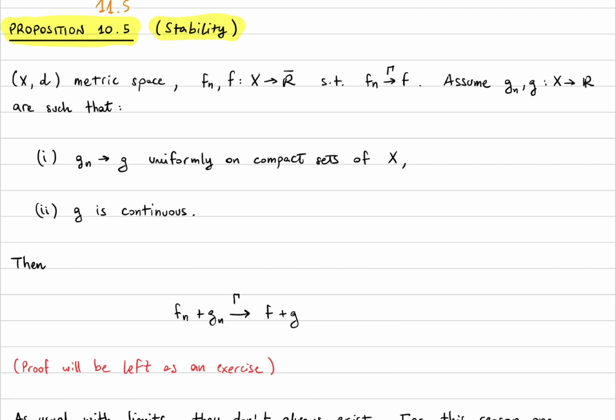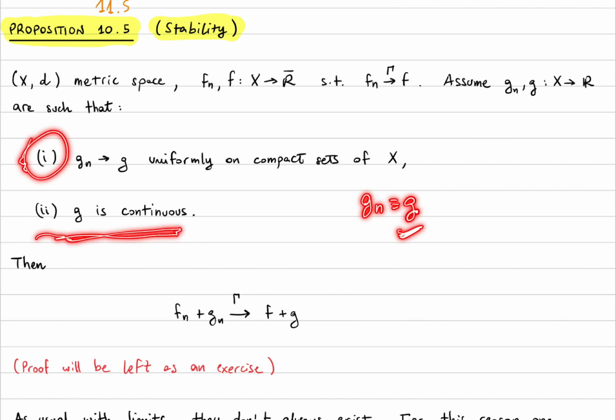And if you notice, obviously this immediately generalizes proposition 11.4, because you can just take G_n constantly equal to G. Then in this case, number one is obviously satisfied because the constant sequence converges uniformly on compact sets to the constant function G. And number two, G is continuous.